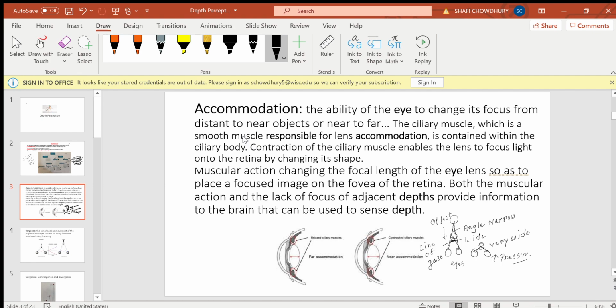And now if you move to like 1 meter away, and then move 10 meters away, if this is the object at 10 meters distance, the eyes are almost parallel, almost no pressure on the muscles.